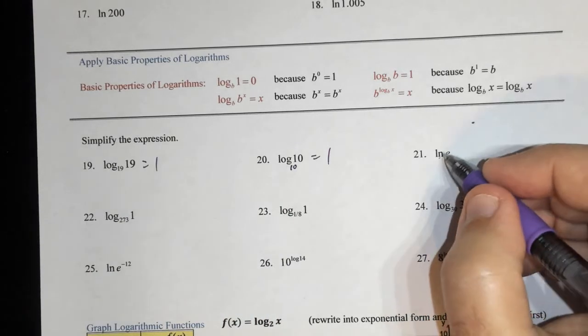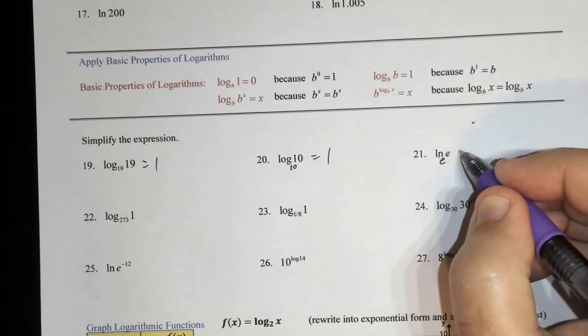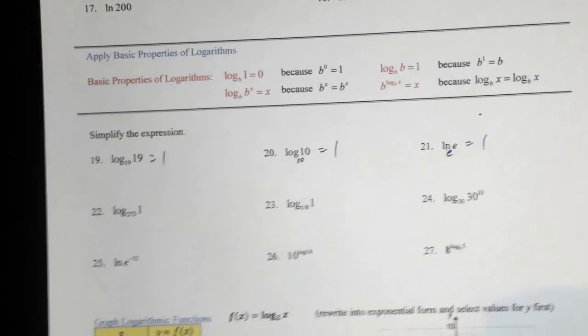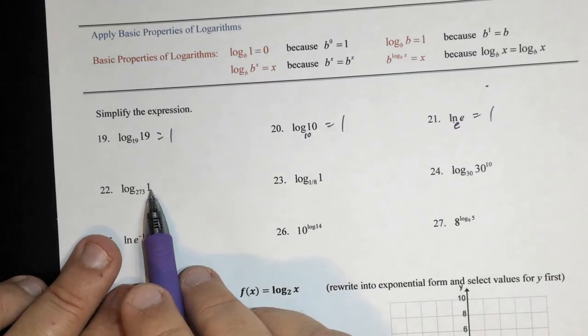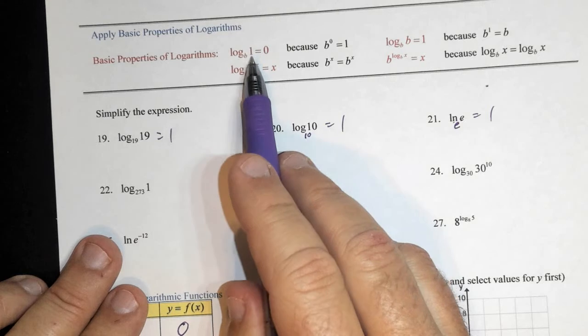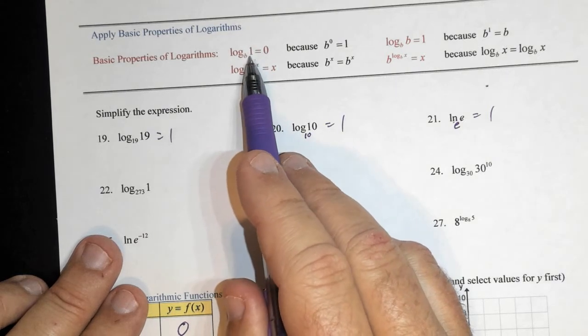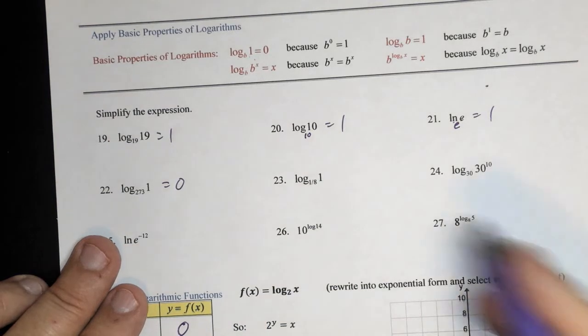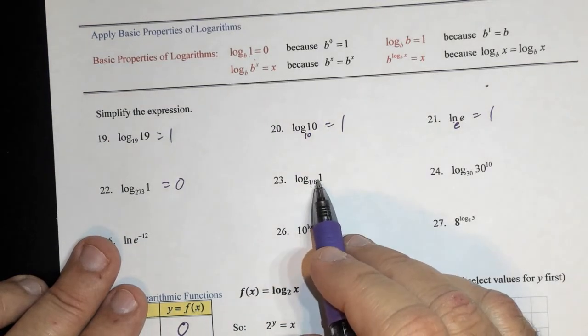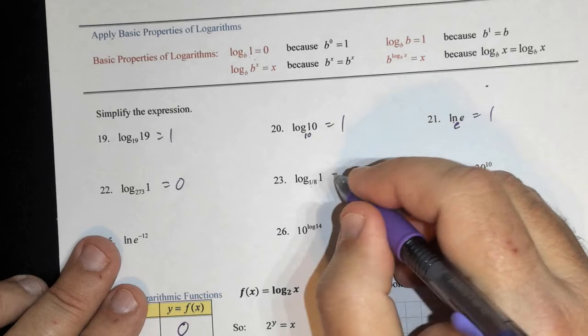Natural log of e, well, because that's base e, those match up, the answer is 1. Okay, well, log base 273 of 1, well, that falls into this category. As long as this big number is 1, the answer is 0. Log base 1/8 of 1, well, again, if that number is 1, the answer is 0.